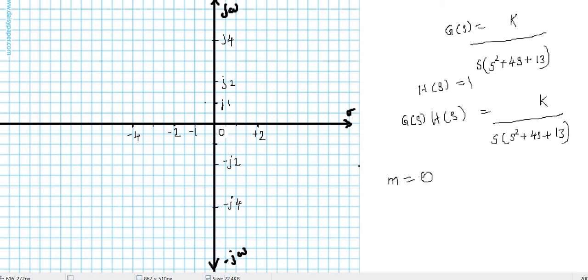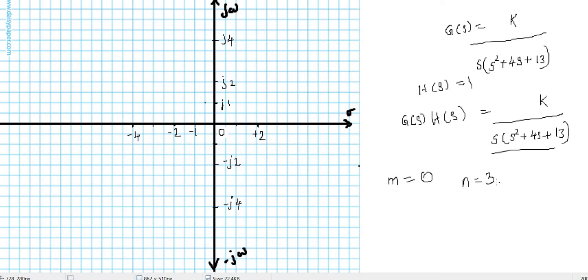Now we have to find the number of open loop poles. In the denominator of this transfer function, we can see that the open loop system is a third order system. Hence the number of open loop poles of the given system, n, is equal to 3.